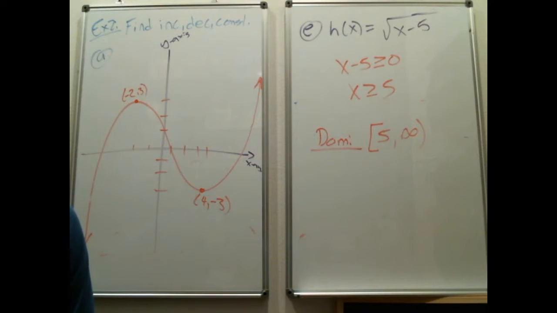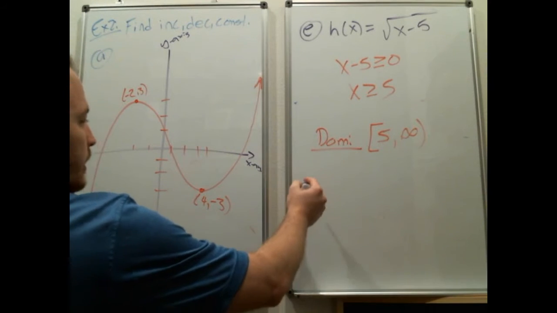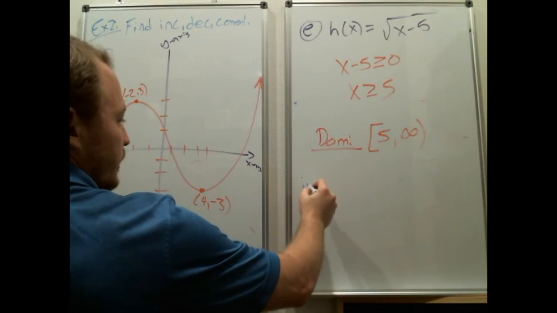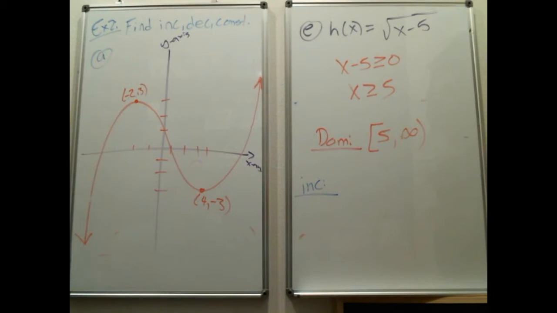Now increasing, decreasing, and constant is very similar to domain. But the main difference is in increasing and decreasing, we always use parentheses. I'll say more about that in a second. So let's look at increasing. It's increasing on this portion. So it starts at -infinity and it increases up to what x value? This -2.